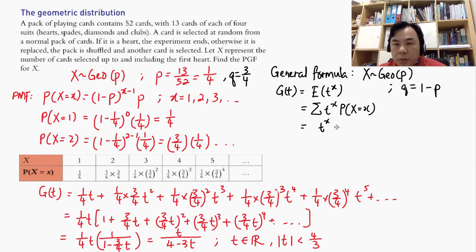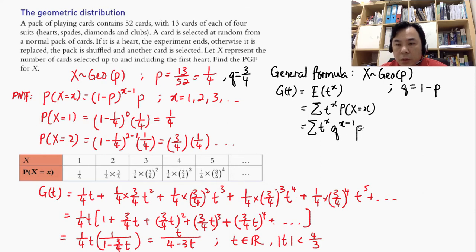So from here we can write it down as q^(x-1)p, with the summation starting from 1 until infinity.